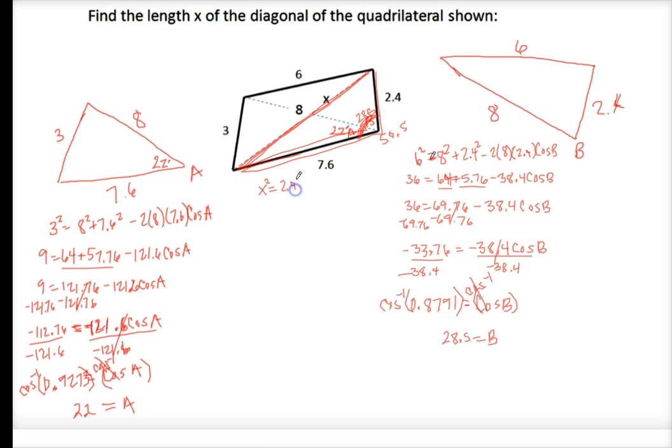So I have x squared equals the other 2 sides squared and added together. So 2.4 squared plus 7.6 squared minus 2 times my sides, 2.4 and 7.6, times the cosine of my angle, which was 50.5. I'm sorry, that's really rough. I'm going to rewrite it right here really quick.